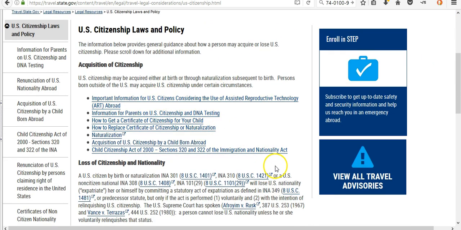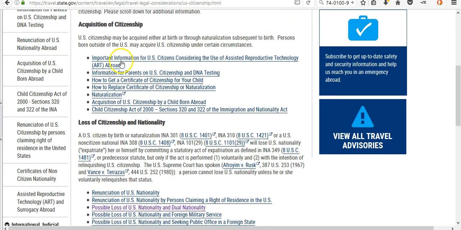Acquisition of citizenship. U.S. citizenship may be acquired either at birth or through naturalization subsequent to birth. Persons born outside of the U.S. may acquire U.S. citizenship under certain circumstances. These are the certain circumstances.